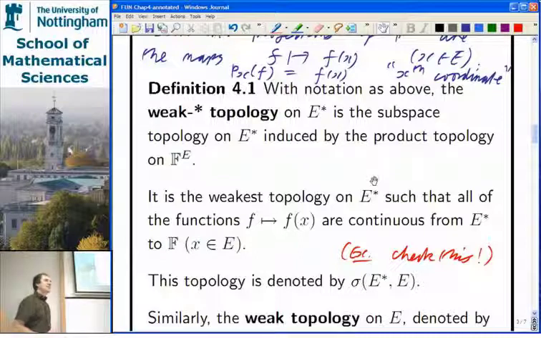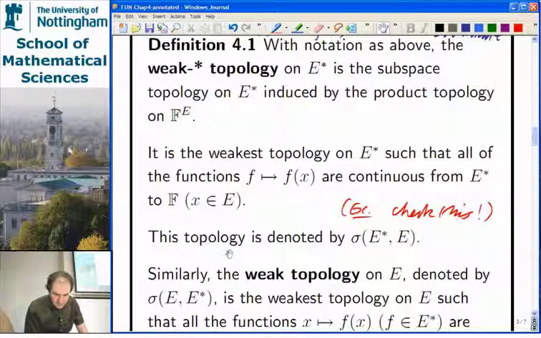So fortunately, the subspace topology from the product topology still has this, it's the weakest possible topology so that these coordinate projections are continuous. This topology is always called the sigma of E star, E topology, and that's because you've got this pair of vector spaces, each one acting on the other.